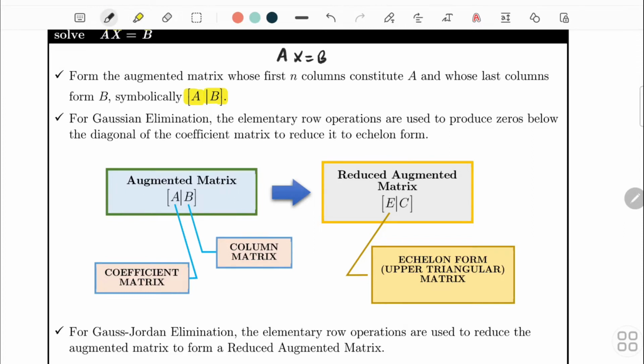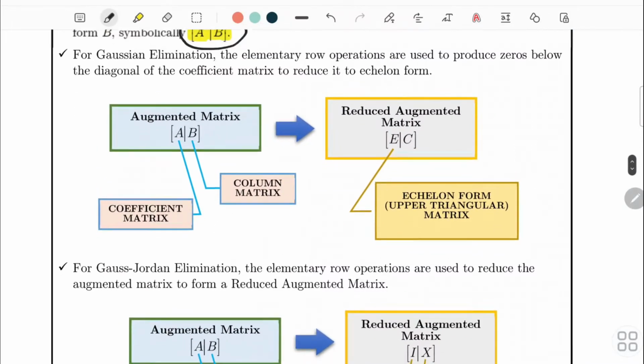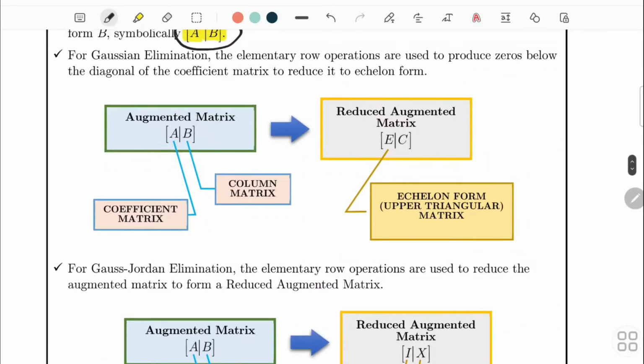You should start with this augmented matrix, A augmented with B, and then we're going to reduce it in the form of this one.